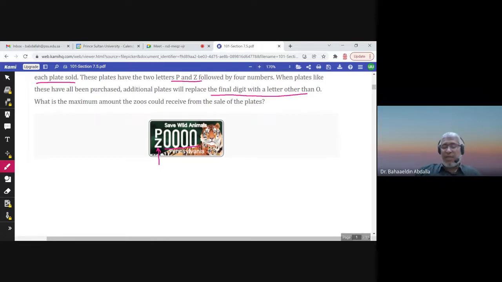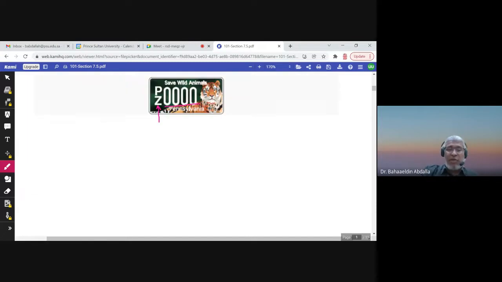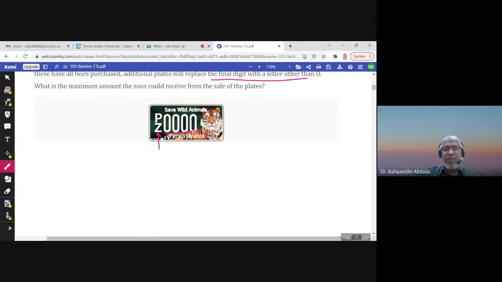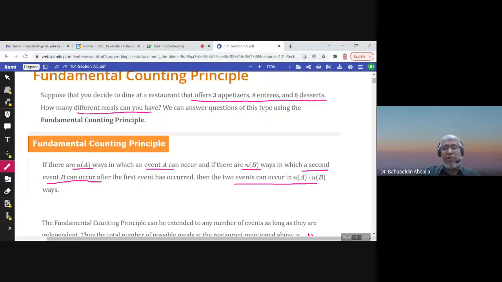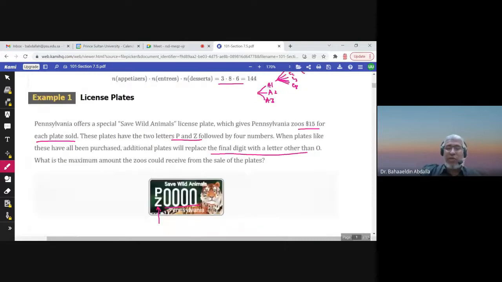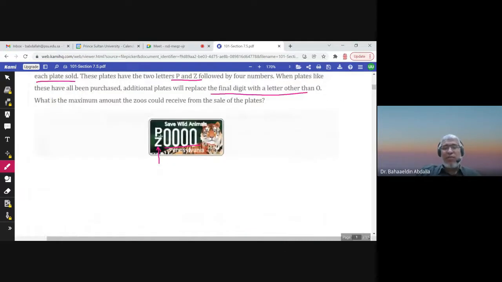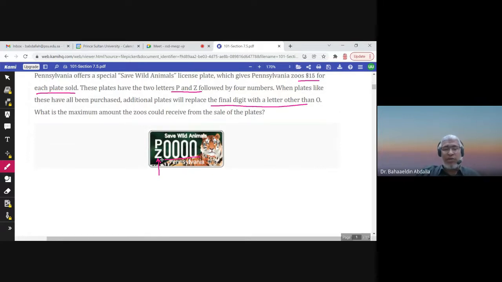Well, let us understand the question and answer it step by step, because the fundamental counting principle goes step by step, event A, then event B, and so on. So first, P and Z are there. The two letters are always there. So we have choices with these four numbers.